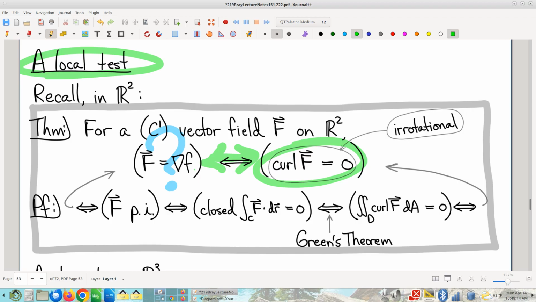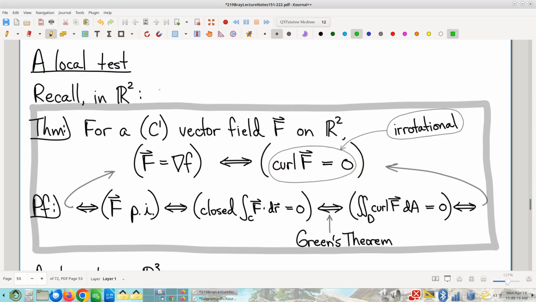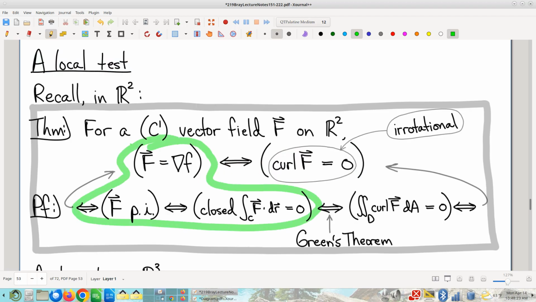Okay, so we talked about this when we were doing Green's theorem, because if you look at the way the argument goes, we had previously established that being a gradient, in the restricted category of appropriately regular, let's not worry about discontinuities and singularities, let's keep everything nice and C1, right? That said, being a gradient is the same as being path independent, which is, by the way, the same as saying that all your circulations are 0.